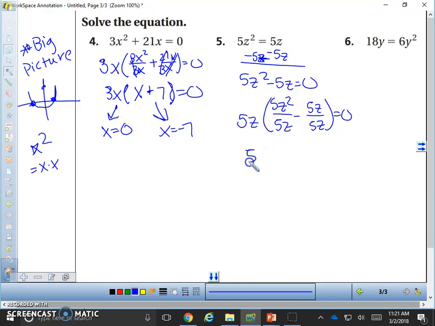Okay, 5z, 5 divided by 5 is 1. Z squared divided by z is z. 5 divided by 5 is 1. Z divided by z is 1, equals 0. Now we're solving for when it's equal to 0, aka the x-intercepts. Zero product property, z equals 0, and z equals the opposite of negative 1, positive 1.